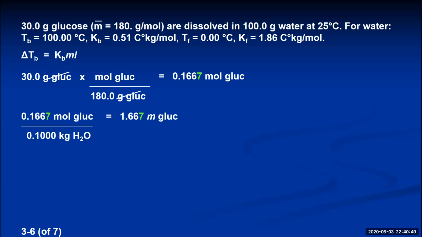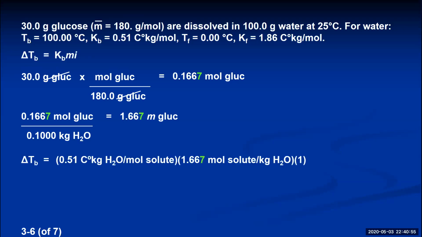So we now know all 3 values for our colligative property equation, so we can calculate the change in the boiling point by multiplying water's molal boiling point constant of 0.51 Celsius degrees kilograms per mole by the molality, which if I write it out explicitly is 1.667 moles of solute per kilogram of solvent, and then multiply by the Van't Hoff factor, which is a counted number, so not used for significant figure determinations, of 1.